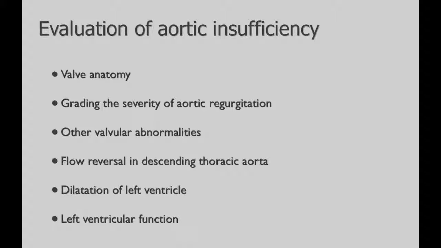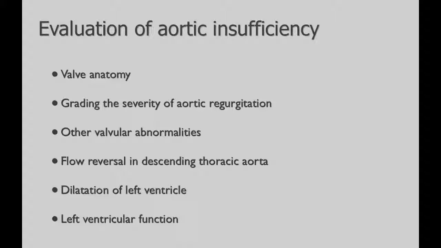In terms of evaluating aortic insufficiency, it's important to look at the valve structure visually in 2D echocardiography, and then grade the severity of aortic regurgitation by a variety of different modalities, including color flow, jet width, and other indicators, which we will discuss shortly. It's important to look for other valvular or subvalvular structural abnormalities, and assess for reversal of flow in the descending thoracic aorta, which can be an important indicator of severe aortic insufficiency.